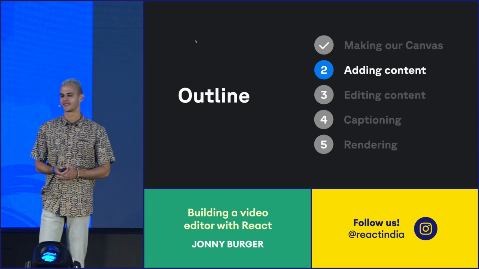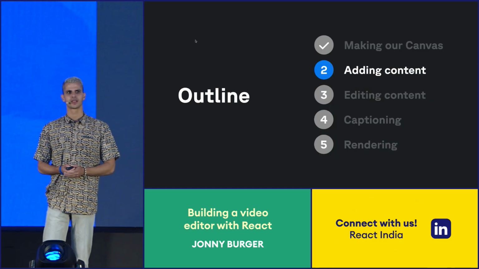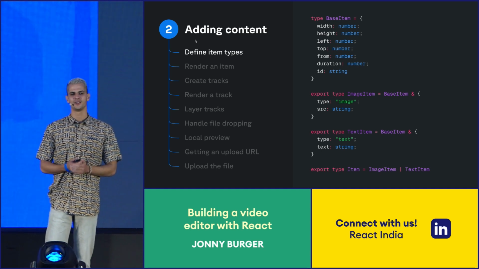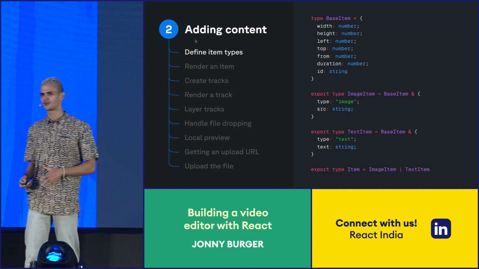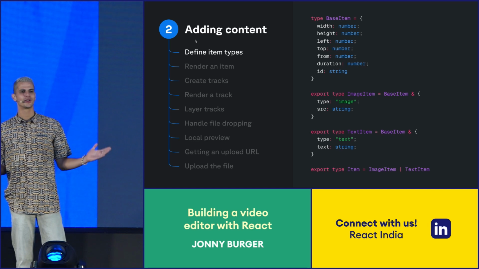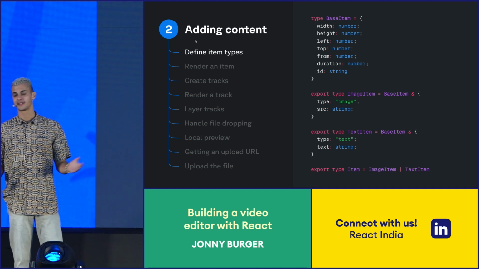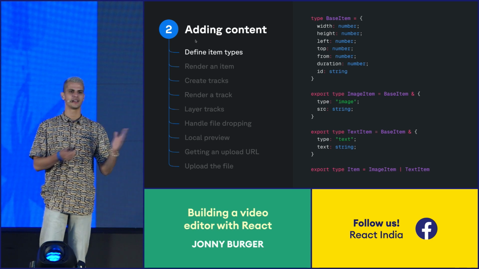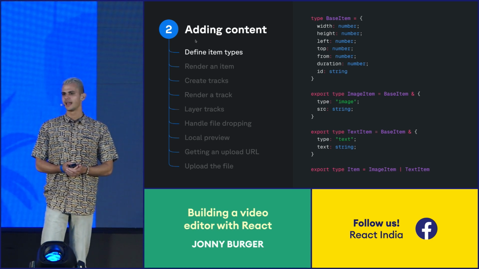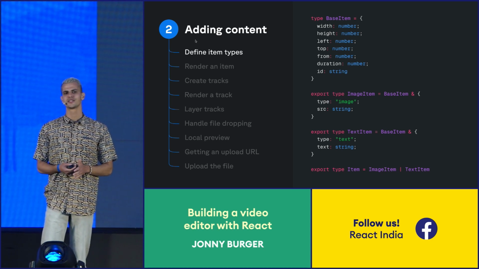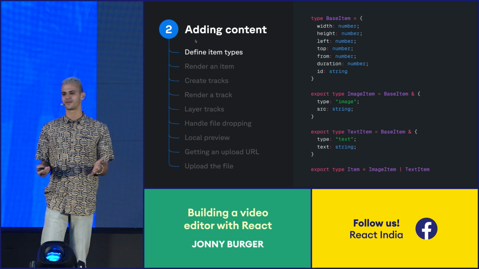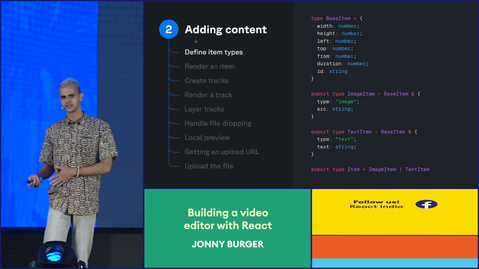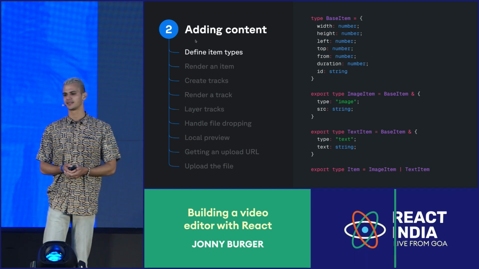Chapter 2, adding content. Let's first start by defining the data structure of our items. In our canvas, we can have multiple types of items. For example, we can have videos, we can have images, we can have text. And maybe some of these items have a common ground, like a position, the starting position, and the duration.